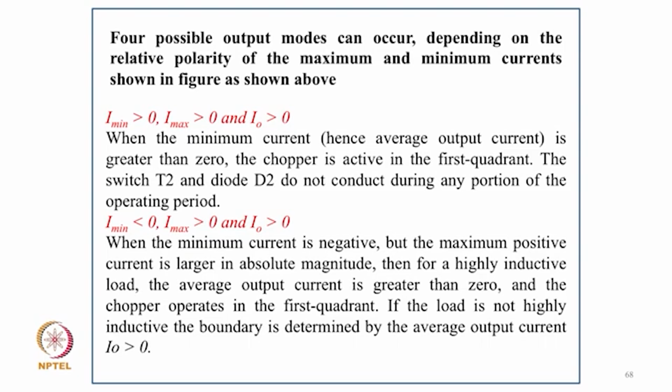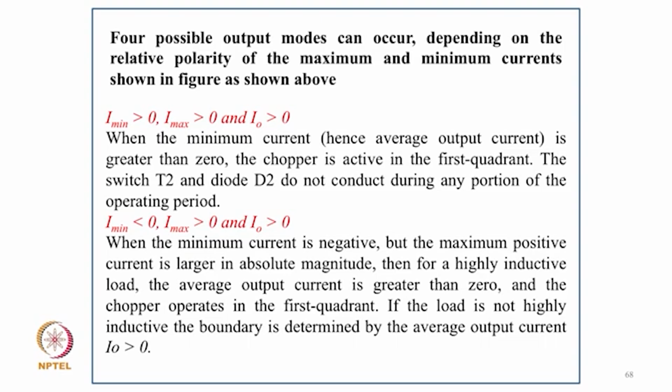Four possible output modes can occur depending on the relative polarity of the maximum and minimum currents shown in the figure. So I minimum is greater than 0, I max greater than 0, and I0 is also greater than 0. When the minimum current and the average output current are greater than 0, the chopper is active in the first quadrant, and the switch T2 and diode D2 do not conduct during any period of the operation. Second, I minimum is less than 0, I max is greater than 0, and I0 is greater than 0.